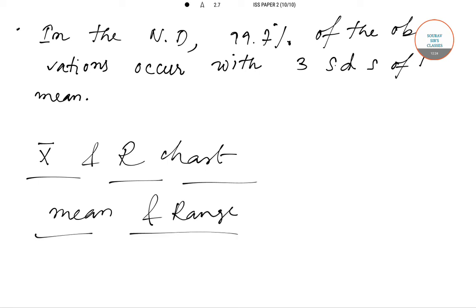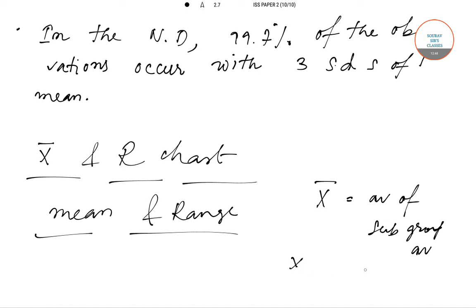They are commonly used in dealing with variable data to monitor the quality of a manufacturing process. So here X bar is the average of subgroup averages, that is the central line in the chart.